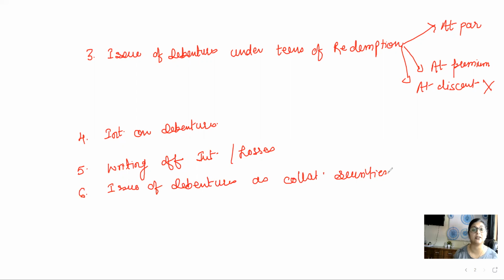One is primary security. Primary security means the one which will be used first if the company is unable to pay back the loan. And in case the primary security fails, then this collateral security, which is a kind of secondary security, will be used. So we will be doing it over here. We'll learn the extract of balance sheet as well. So this is all covered under this chapter.